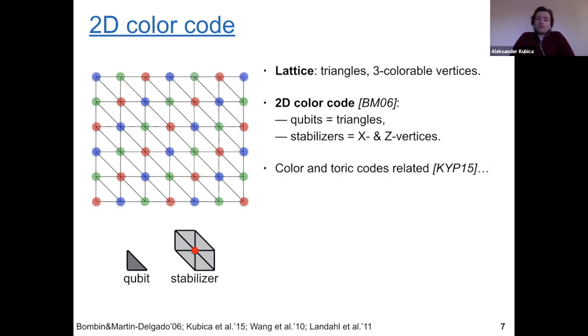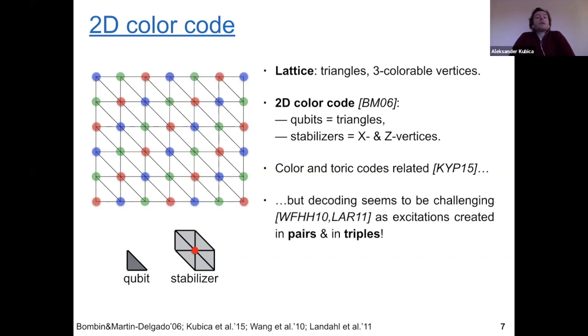And despite the fact that the color code and the toric code are related, it seems that the decoding of the color code is more challenging. And why is that? Let's see that in an example. If we have a weight 2 ZZ error in the system, this will lead, as illustrated here, to 2 green excitations.